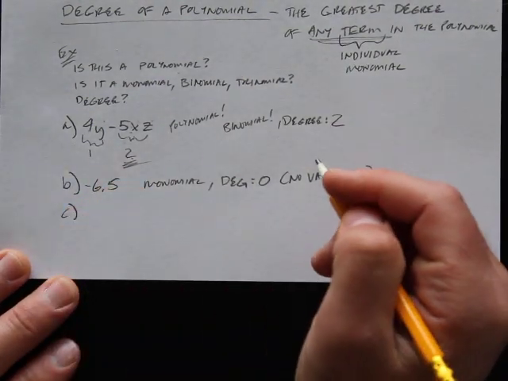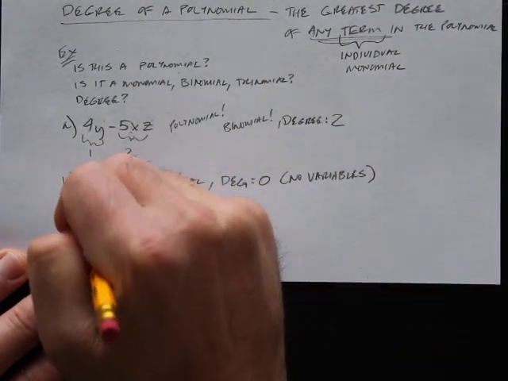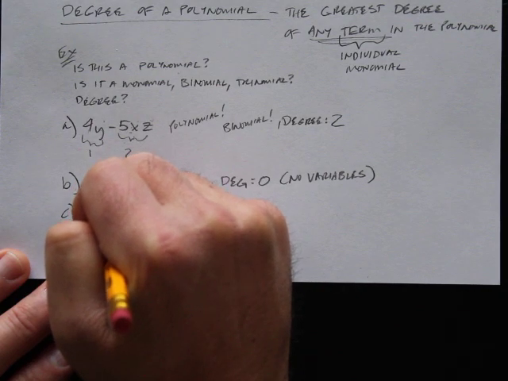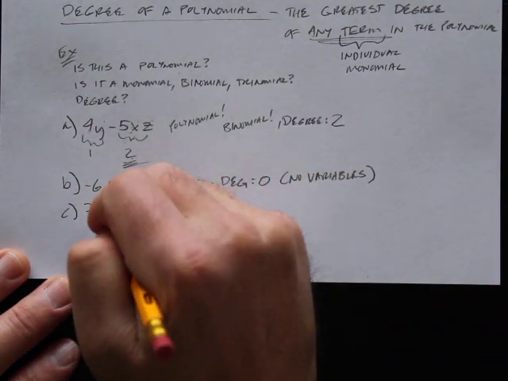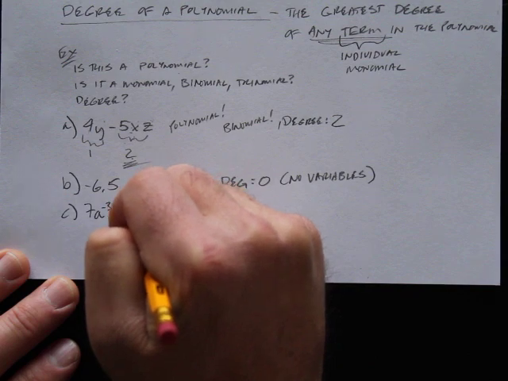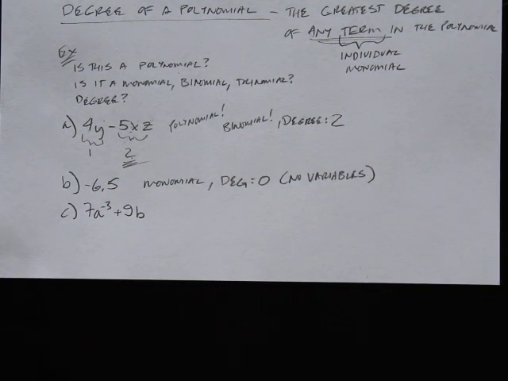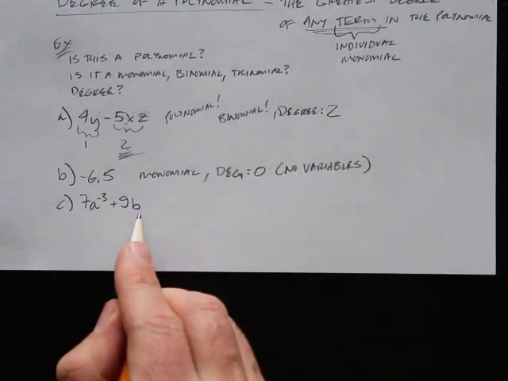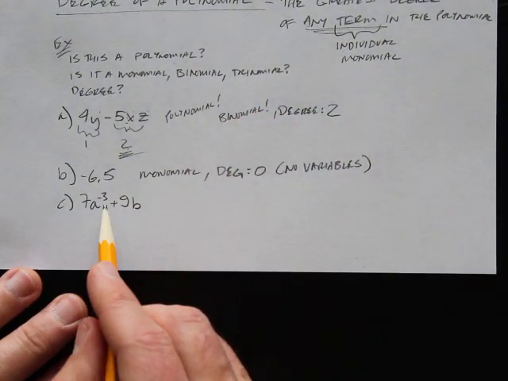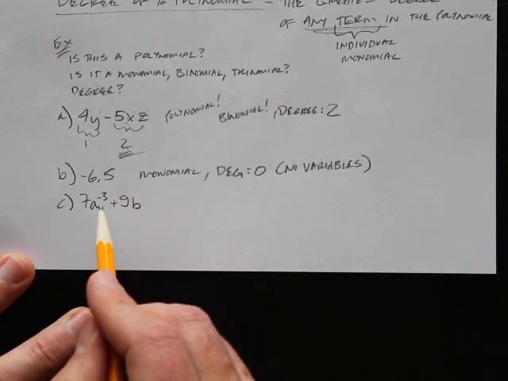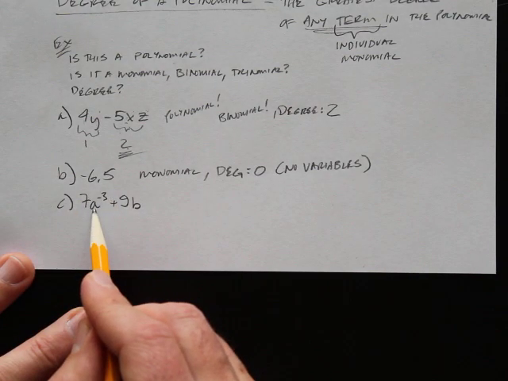All right, C. I've got 7 times a to the negative 3 power plus 9b. Now, I've got these two terms here. And we haven't discussed this, that's why we have these examples down here at the bottom.